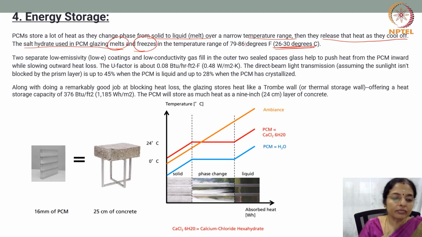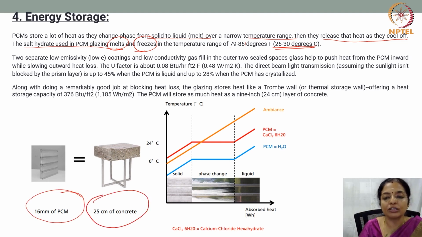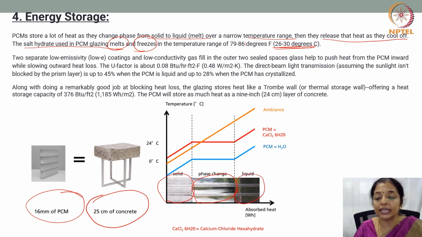So this 16 mm of PCM is equivalent to 25 centimeters of concrete when it comes to storing the energy. And you can see how it looks when it is solid at the time of phase change and when it becomes completely liquid. So this is how the window will change its opacity based on how much heat the PCM has stored.